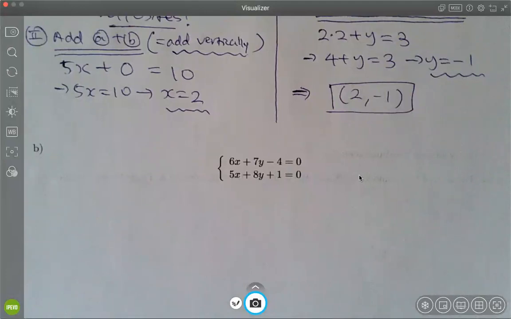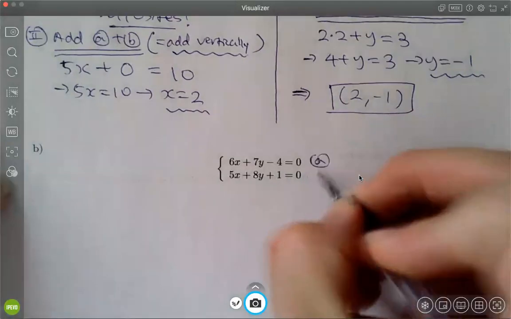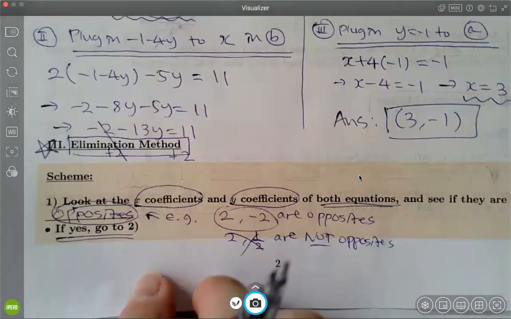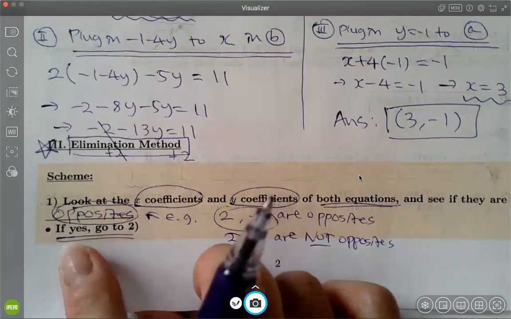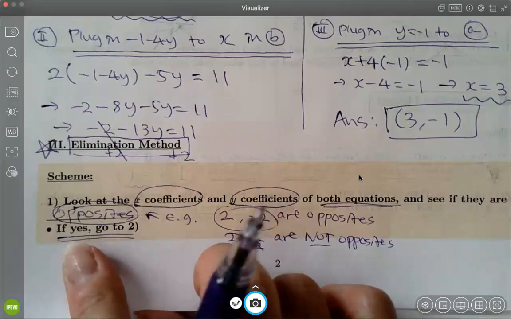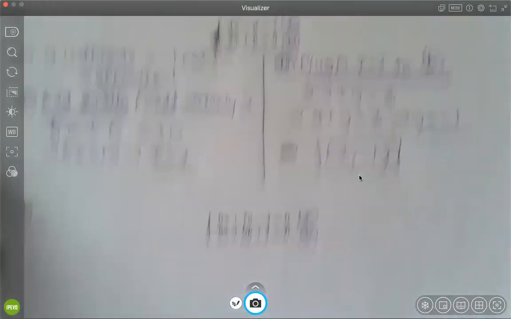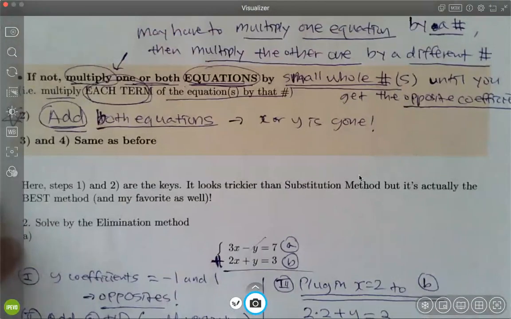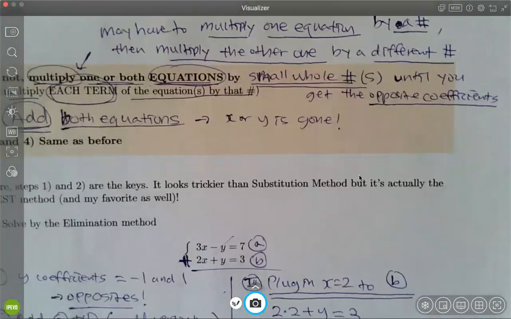Still no. So now what do you have to do? Going back to this step here, our answer to step number 1 is no, right? So what does that mean? We have to multiply one or both equations by some numbers or number until you have opposite coefficients.